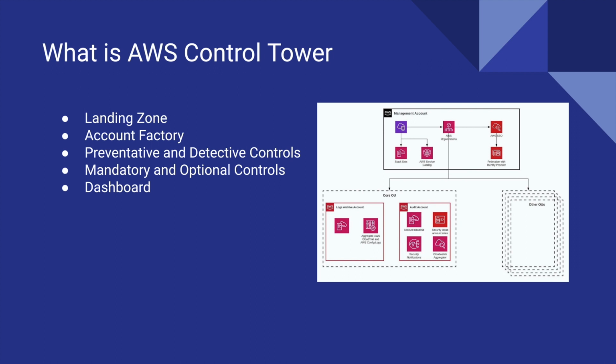Control Tower will set up a series of organizational units and accounts, as we can see there in the diagram. So it will set up a core OU, and then within there, it will set up a security, a sandbox, and a production OU. It will also deploy logging and audit accounts.